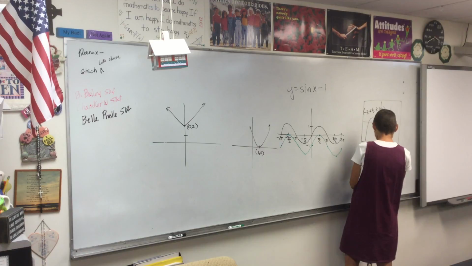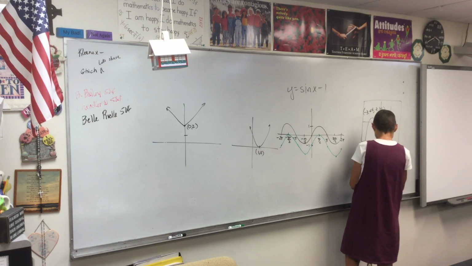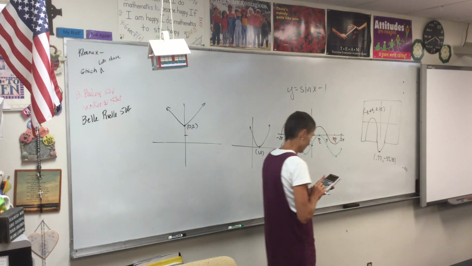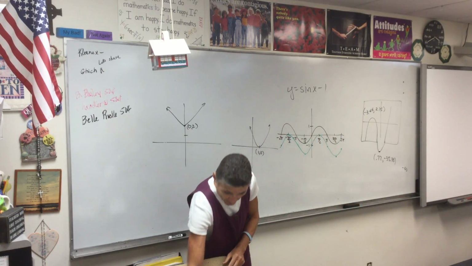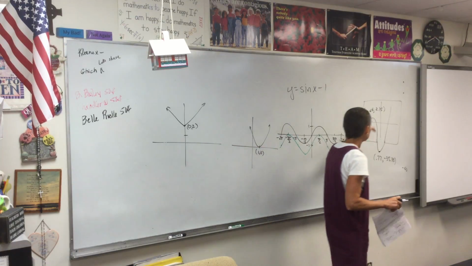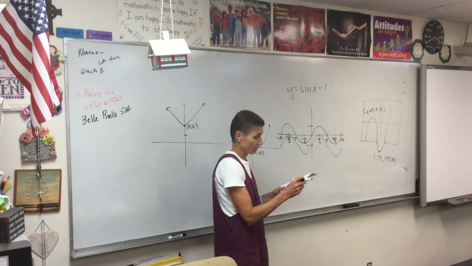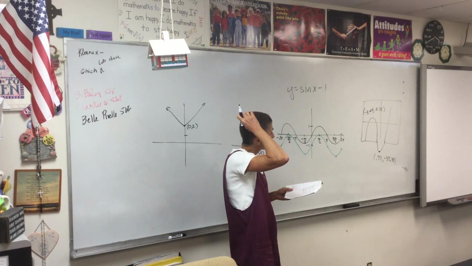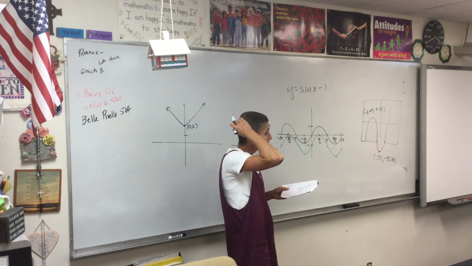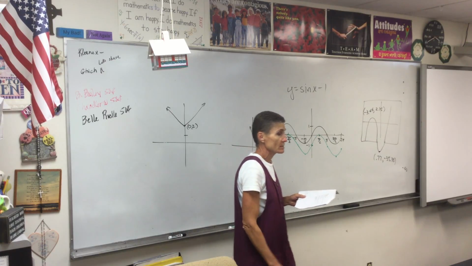I got 0.77, negative 35.33. So the question said, find the relative maximum and minimum values. Is there a difference between relative and local? No. Two words for the same thing.